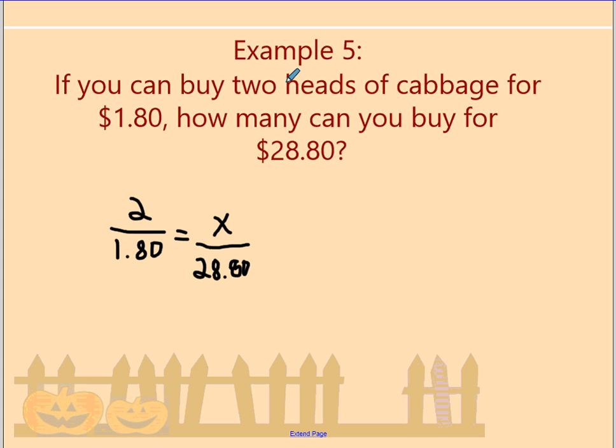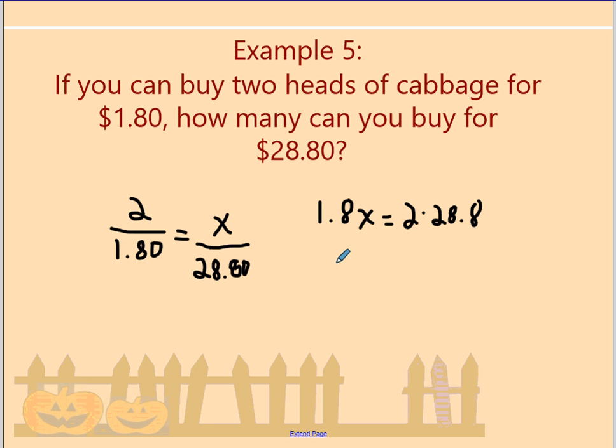Okay. All right, so I'm going to write this out algebraically. Sorry about my bad handwriting. So I'm just going to put 1.8 because 1.80 is the same thing. 1.8 times x equals 2 times 28.8.